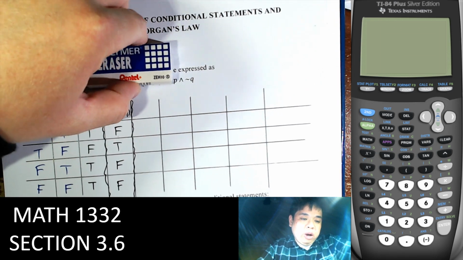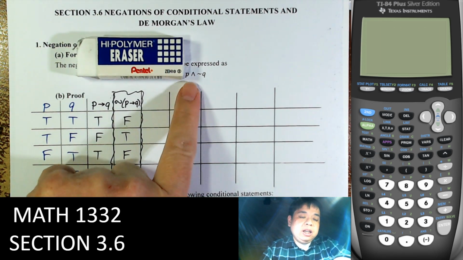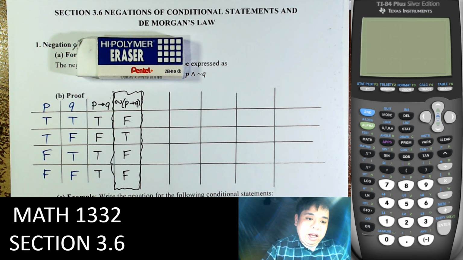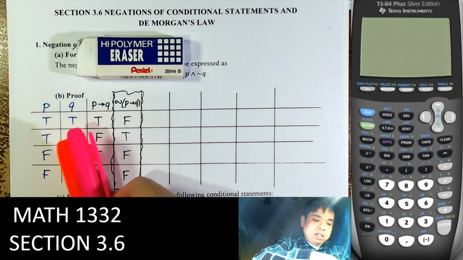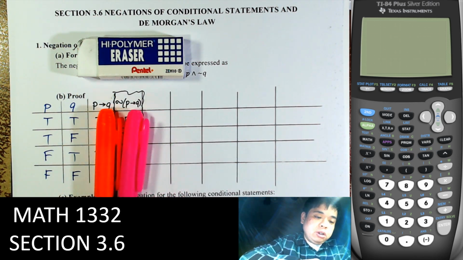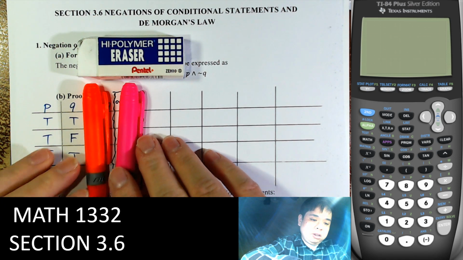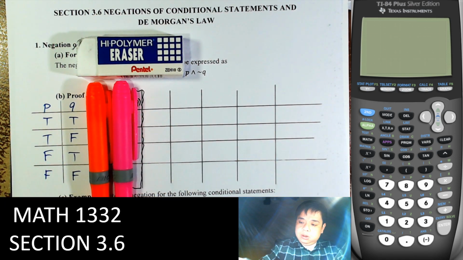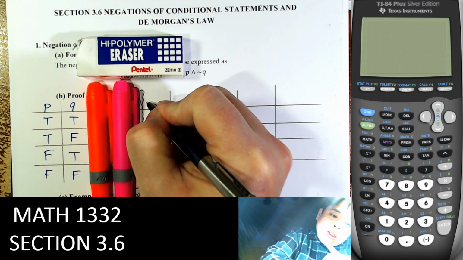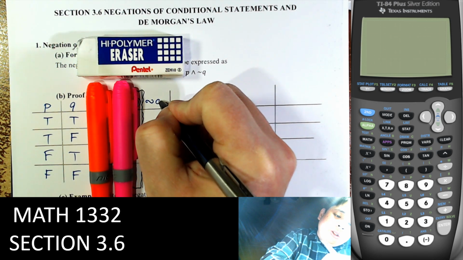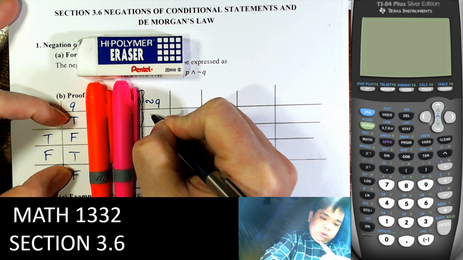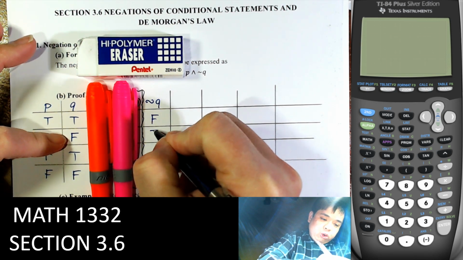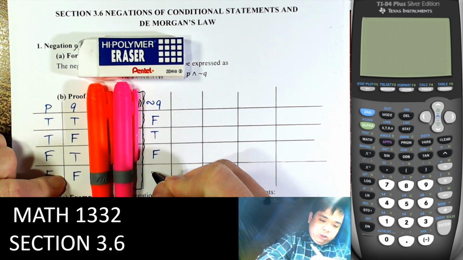Next we will have P and not Q. So we need not Q. This is P, and we need the column that is not Q. So we turn all the true and false values to the opposite: true to false, false to true, false, and true.